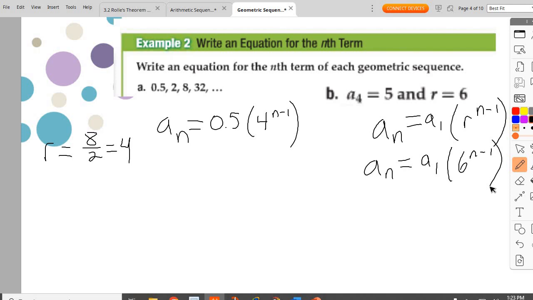Or in other words, notice that if I put a 5 in here, and I know that that is the 4th term, I end up with 5 equals a sub 1 times 6 to the 3rd. What is 6 to the 3rd?